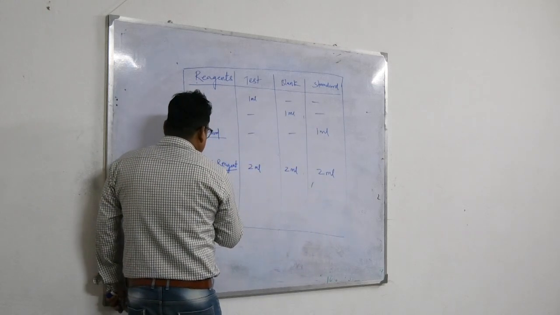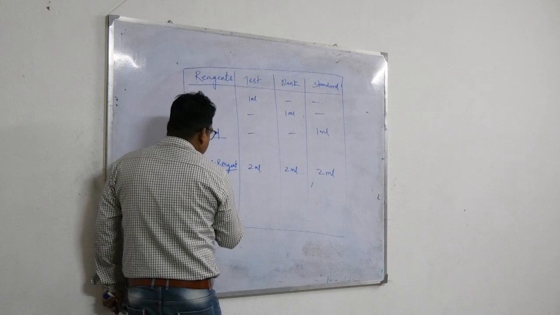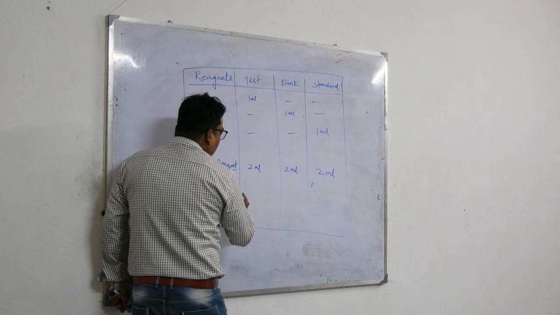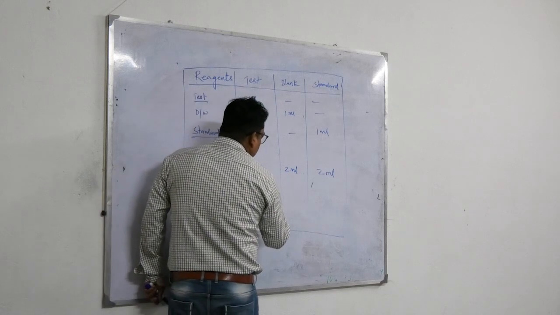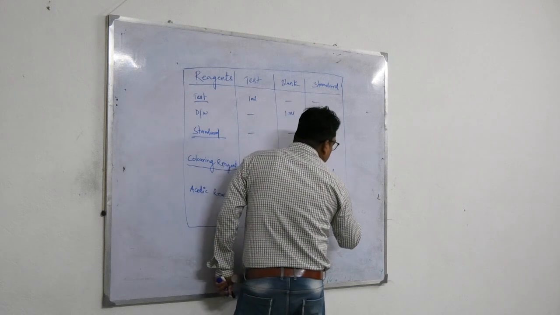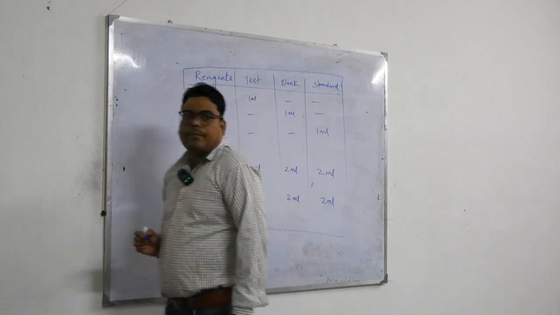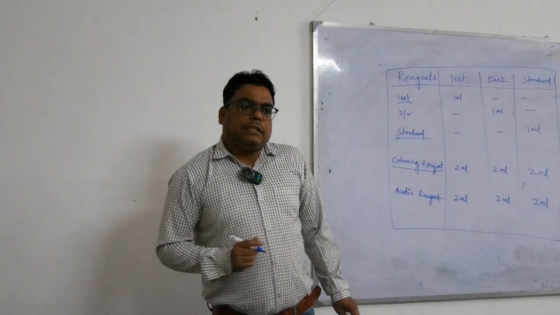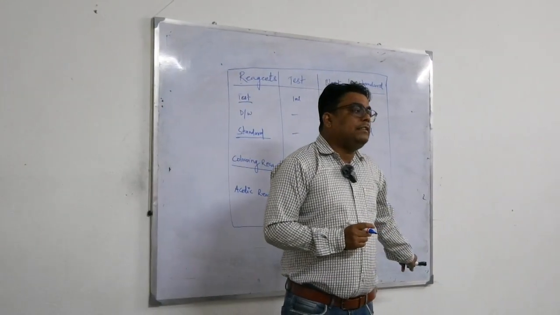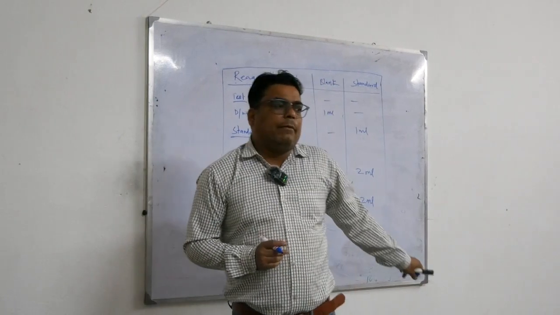And the second one is acidic reagent, which is again 2 ml in each test tube. Then the overall volume of each test tube is how much? 5 ml.